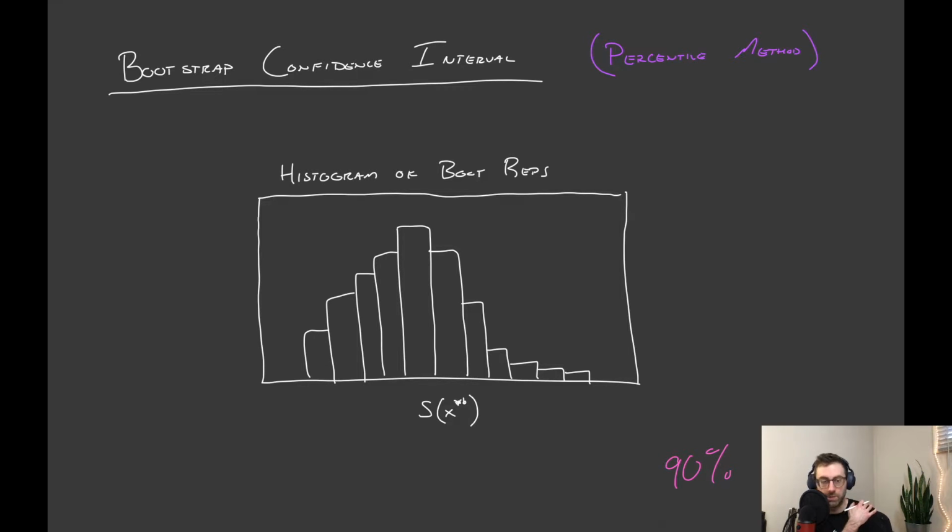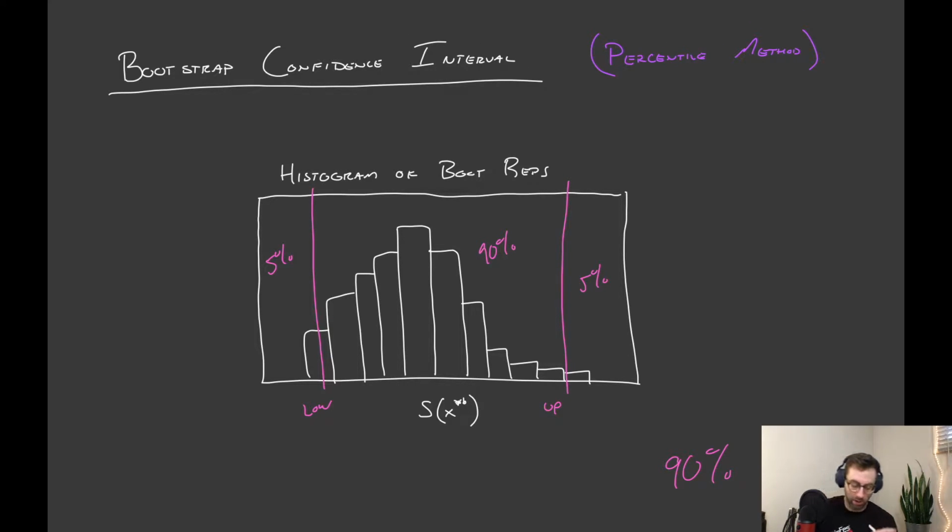And so I want to create, let's say, a 90% confidence interval. Okay, so what I want is two values, a lower and upper bound such that 5% of those Bootstrap replicates are here, 5% are here, and 90% are here.